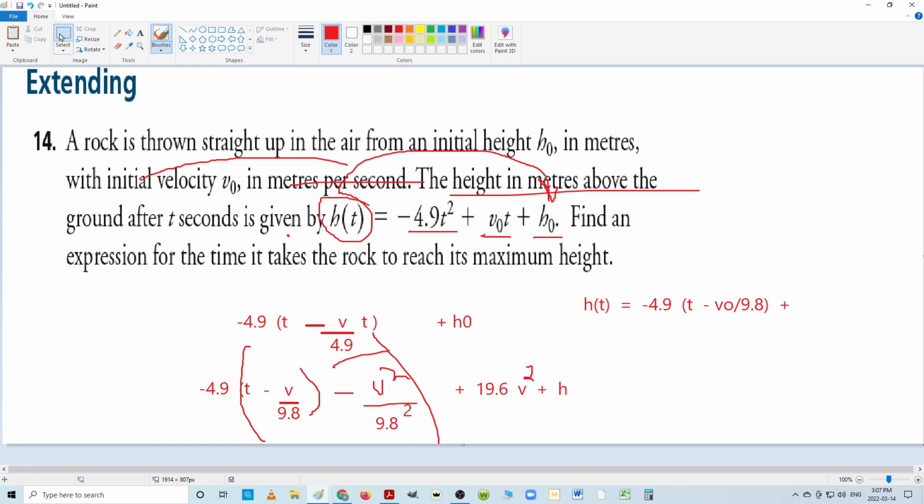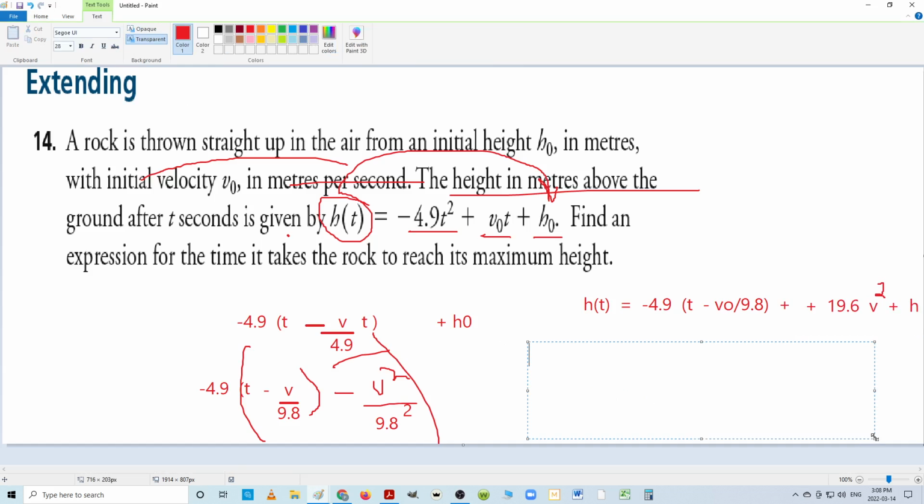Which means the maximum of this parabola, the time that it takes to reach that max height is initial velocity divided by 9.8, and the max height it reaches is 9.6 times velocity squared plus the initial height.